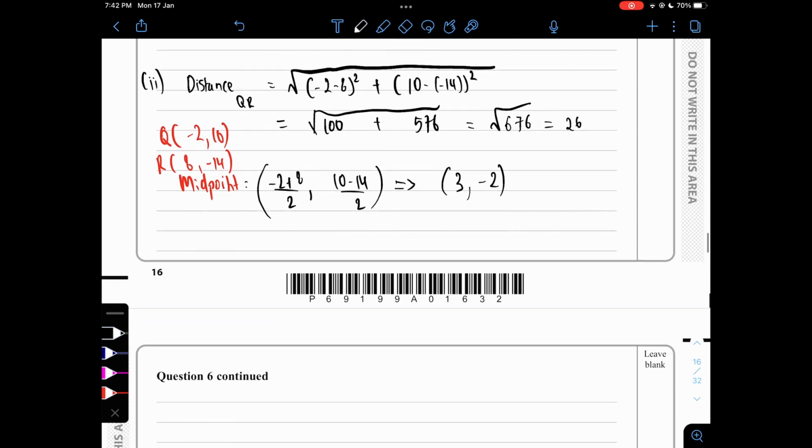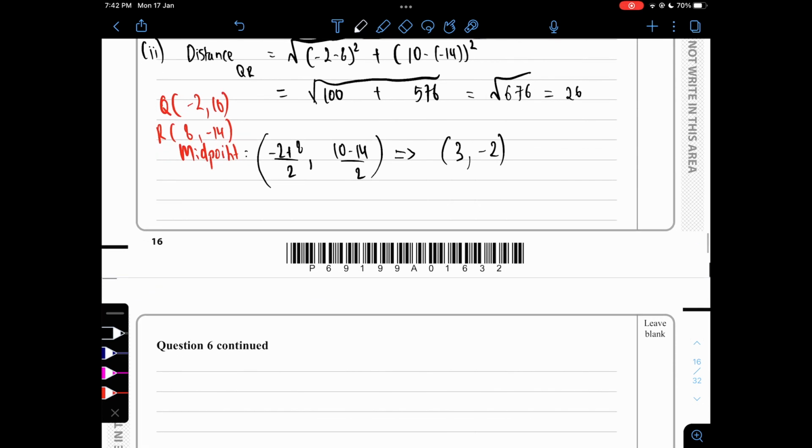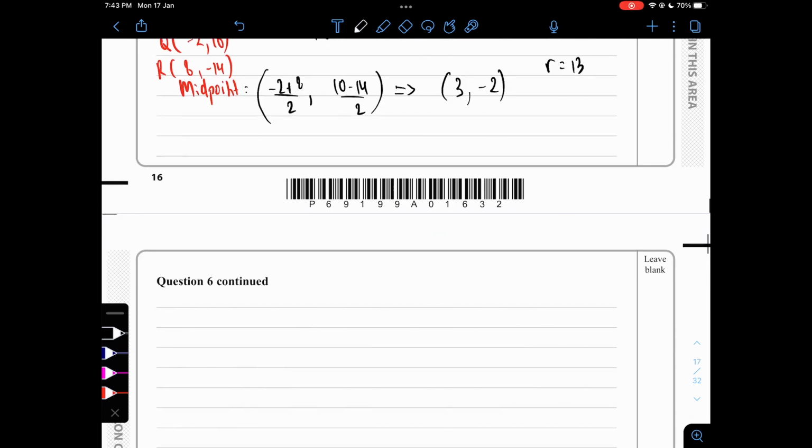Now we know r is 13, so we can find the equation of the circle.